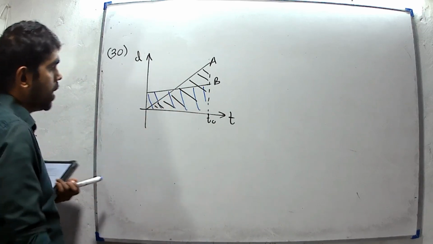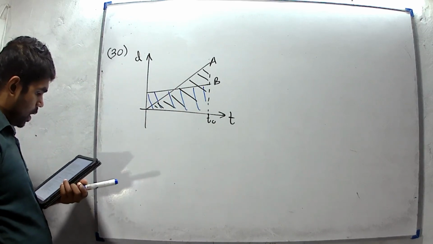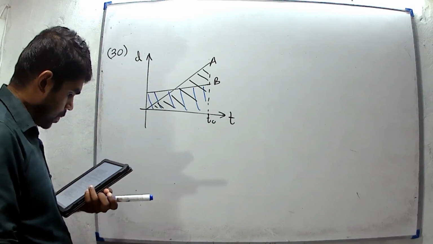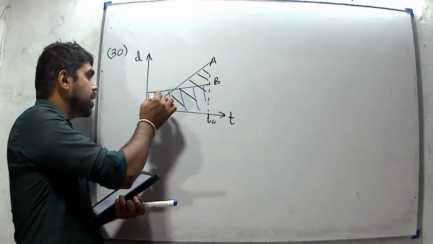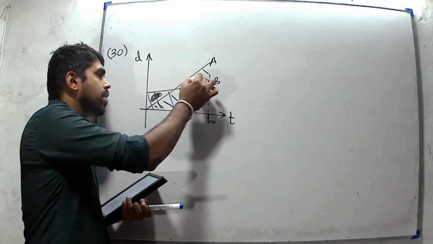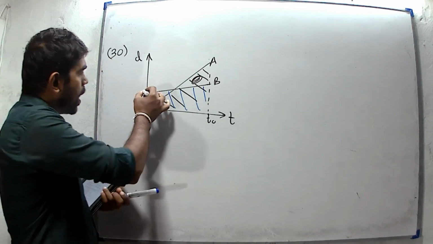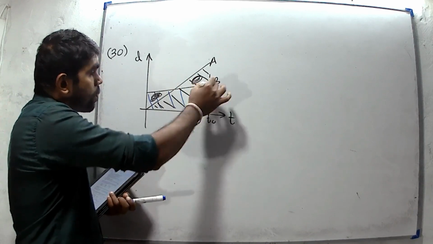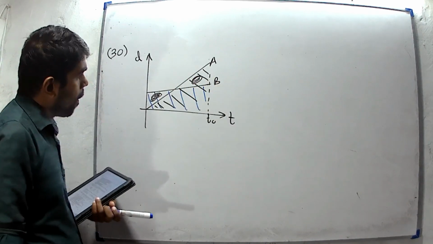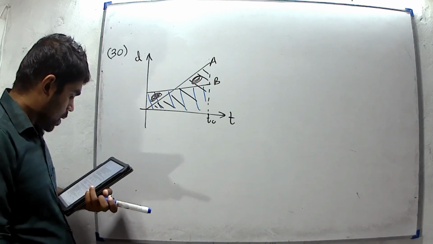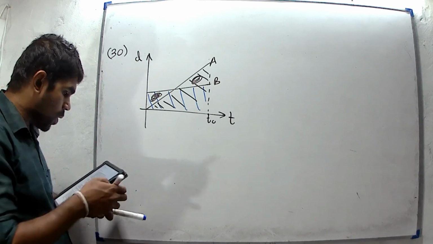According to the graph, this area is approximately equal to this area. Therefore, the area of motion of B is equal to motion of A. Then the second statement is also incorrect.